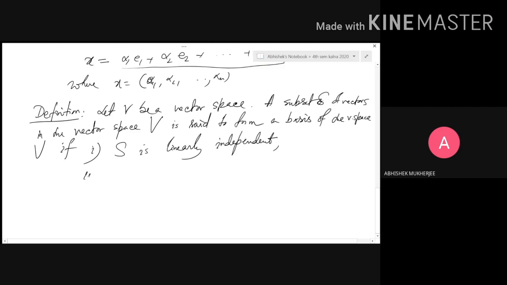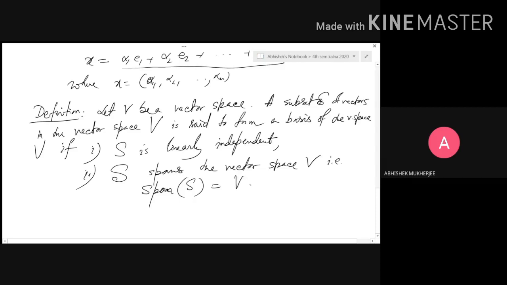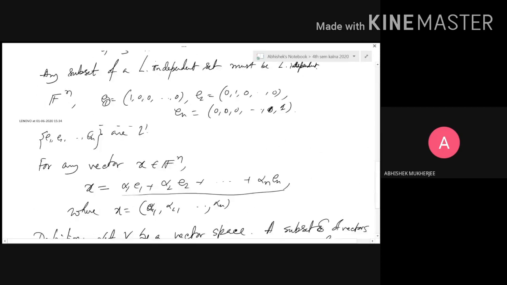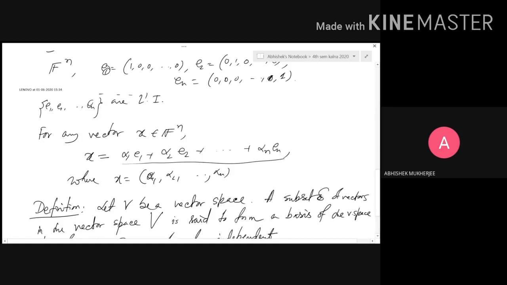The second condition is that S spans the vector space V, that is, the linear span of this subset is V. If these two conditions are satisfied by this subset S of vectors in V, then this subset is called a basis of V. For example, the set of vectors e1 to en will form a basis of Fn in general.